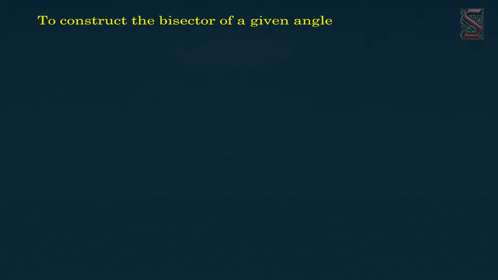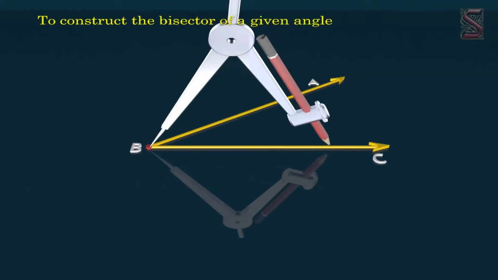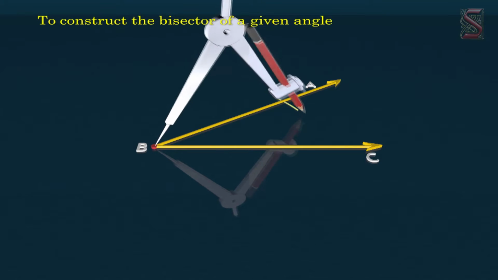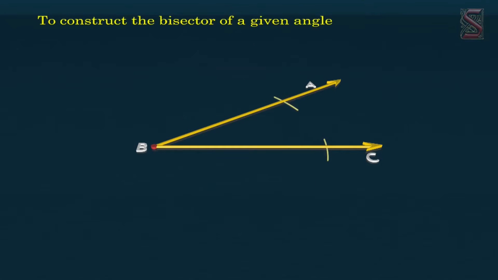To construct the bisector of a given angle, given an angle ABC, we have to first construct its bisector. Steps of construction. Step 1. Taking B as center and any radius, draw an arc to intersect the rays BA and BC, say at E and D respectively. Step 2.